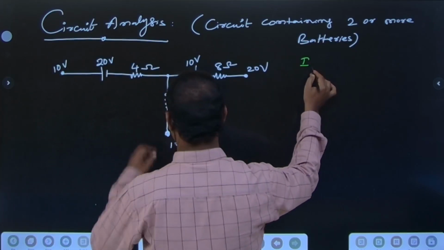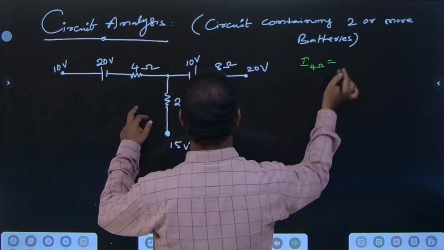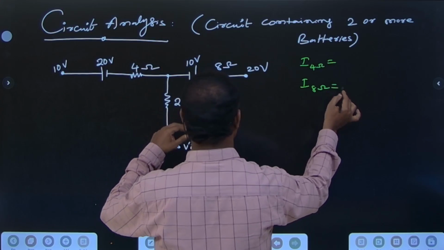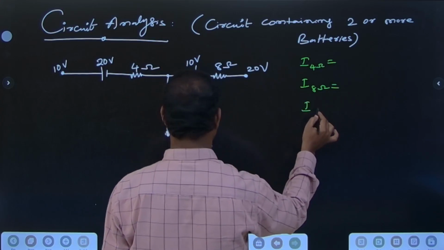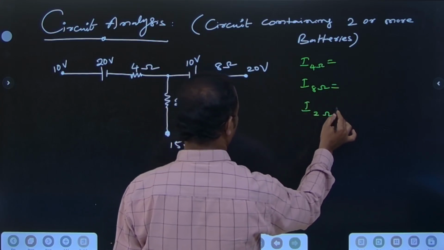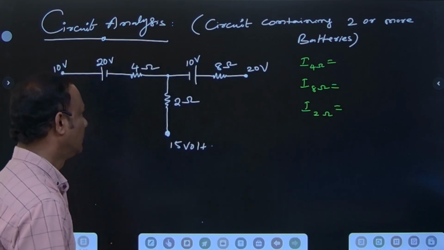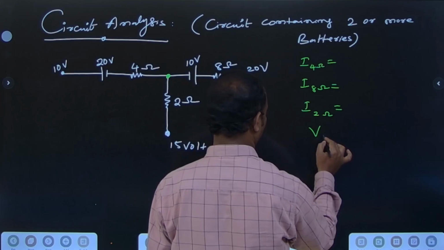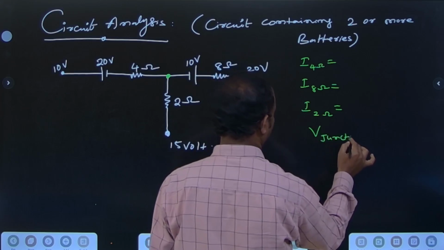Current through the 4 ohm resistor, current through the 8 ohm resistor, current through the 2 ohm resistor. He may also ask about the potential at the junction.